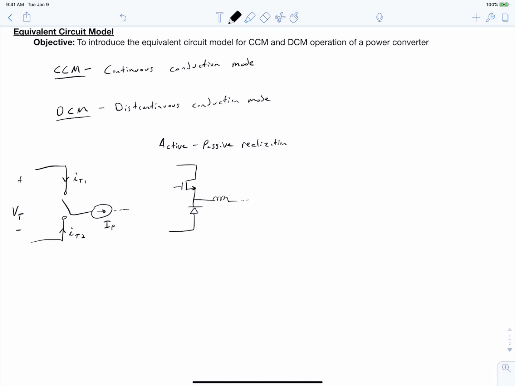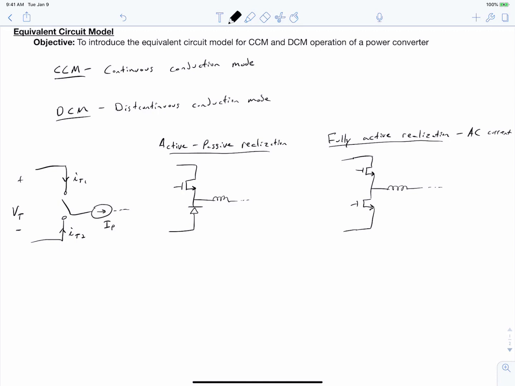Or we could use a fully active realization where we use a switch, an actively controlled switch in both the top and bottom throws. I should note that this fully active realization is also what we do when we have AC current flow.